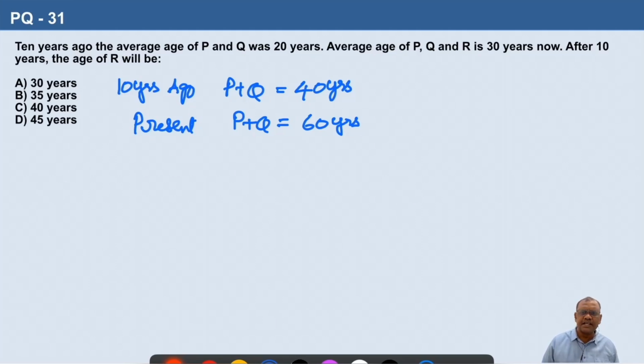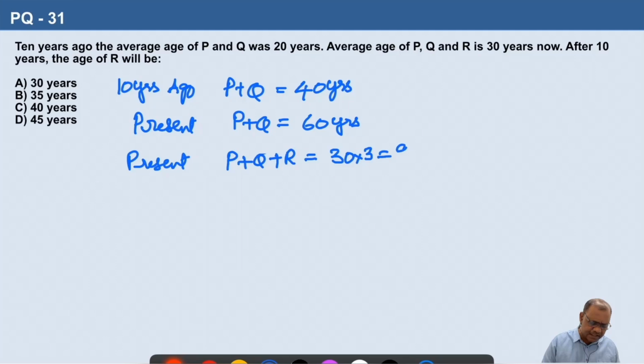The average age of P, Q and R is 30 years now. So present P plus Q plus R is 30 into 3, which is equal to 90 years. So what is the present age of R?